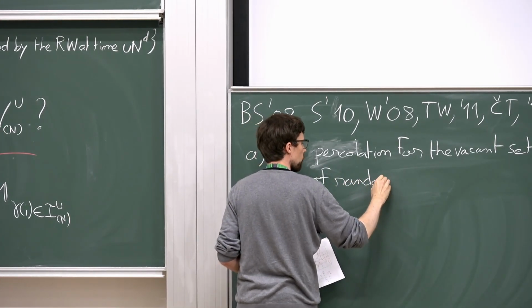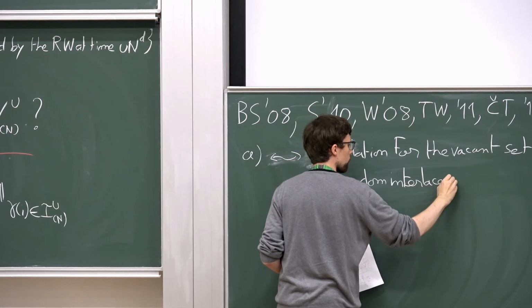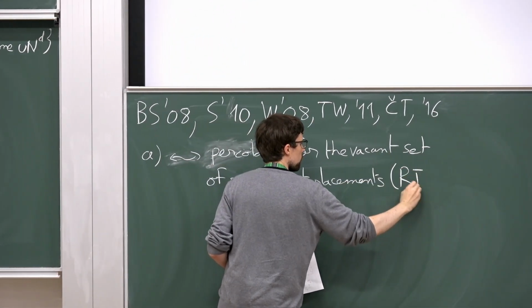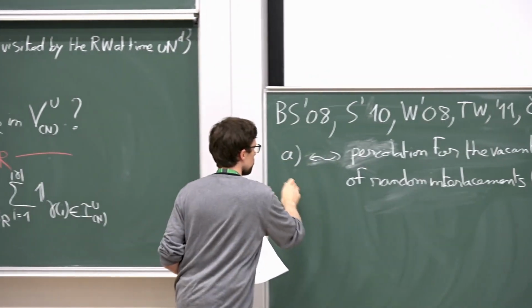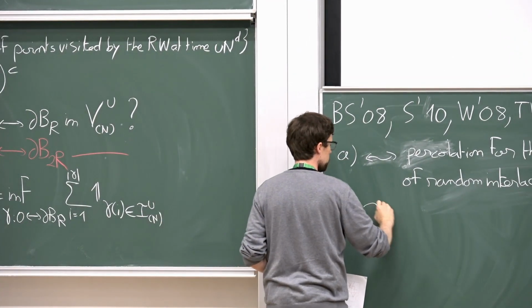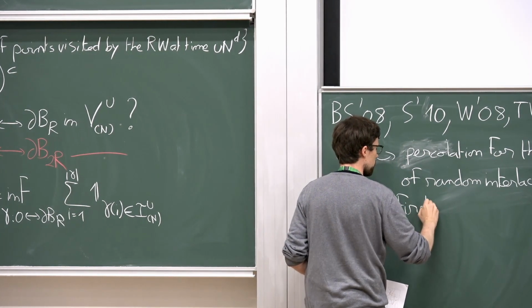And I will often write RI instead of random interlacements. And question B, in the same way that this is a percolation question, is naturally, with the definition here, for those who know, the first passage percolation question.